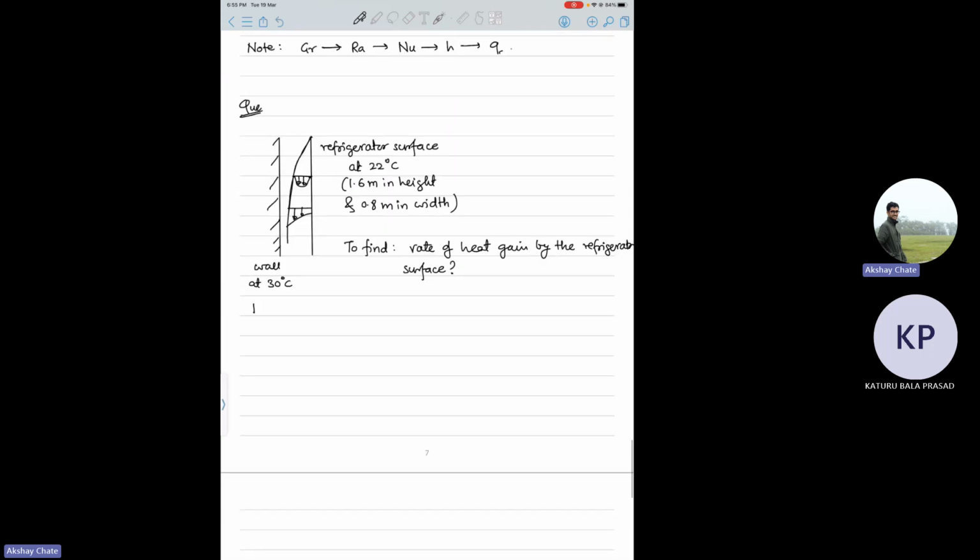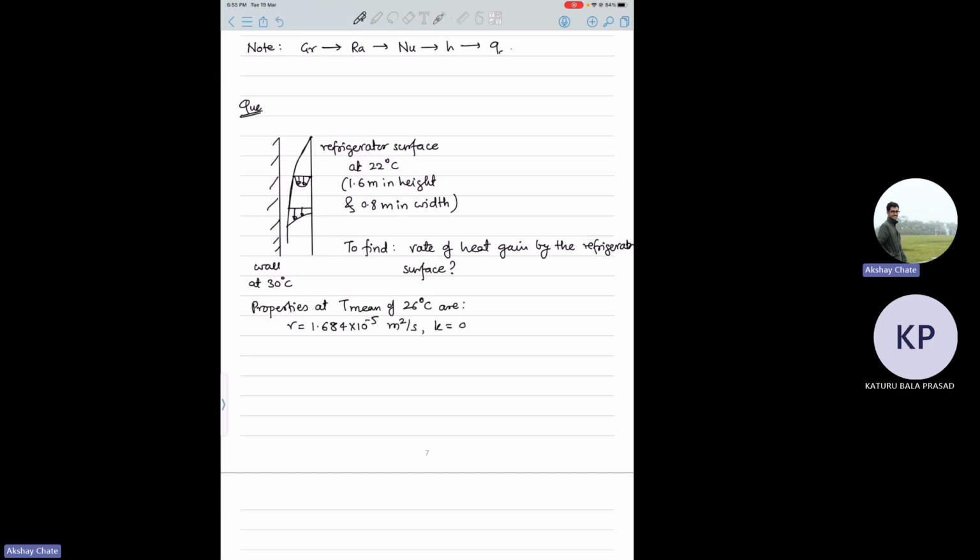And properties at T mean of 26 degrees Celsius are: kinematic viscosity is given as 1.684 into 10 to the power minus 5 meters square per second.